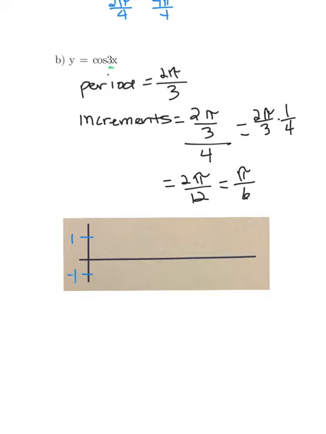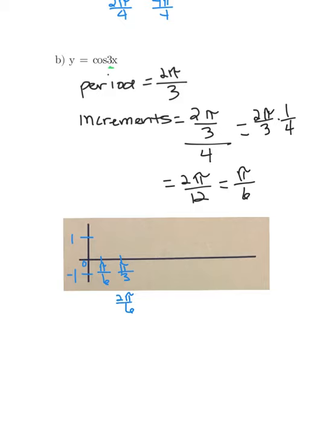Our label will start at 0, like always. We're going to count by pi over 6's. So our first label will be at pi over 6. Now for the second label, you're going to add pi over 6 to pi over 6. That gives you 2 pi over 6, which you may use. I'm fine with that. And that simplifies, if you'd rather use the simplified version, to pi over 3.